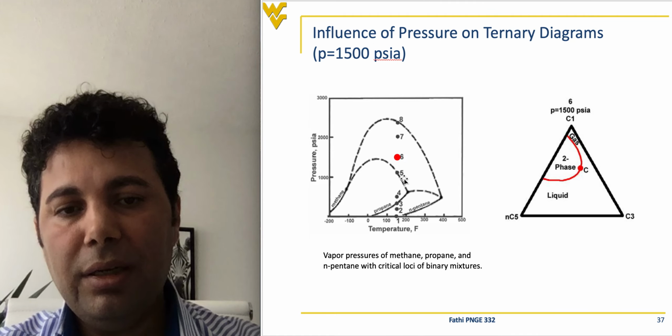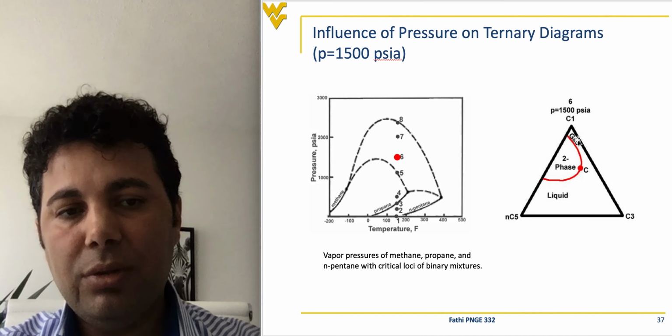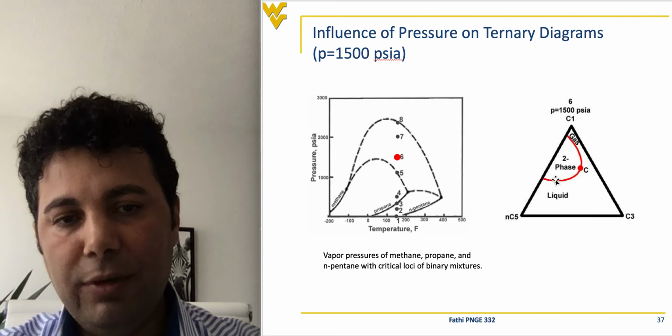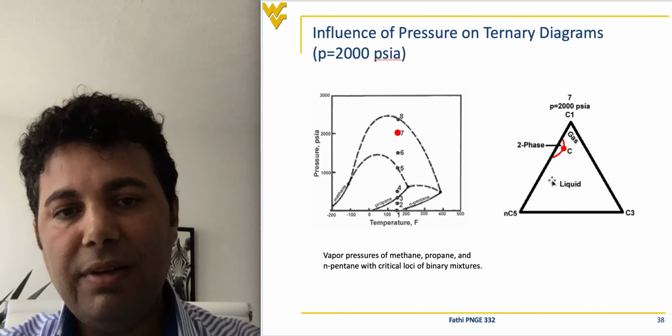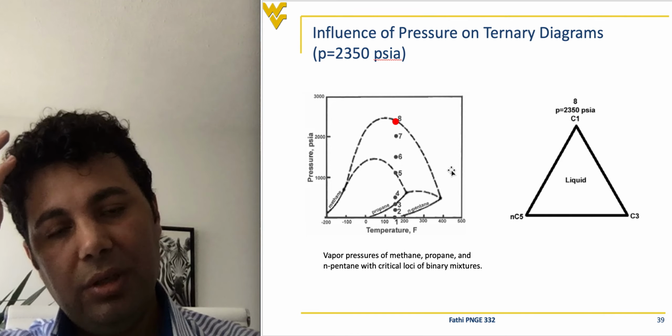And here, between the methane and propane, it's above the locus of critical point. So it's either gas or liquid, but we don't know where it is going to change between the gas or liquid, that separation point. So the envelope shrinks. Go to point 7, it shrinks more, and at point 8, basically everything turns to liquid.